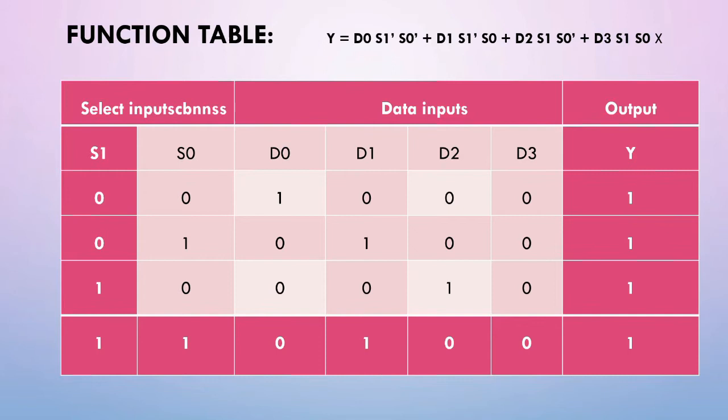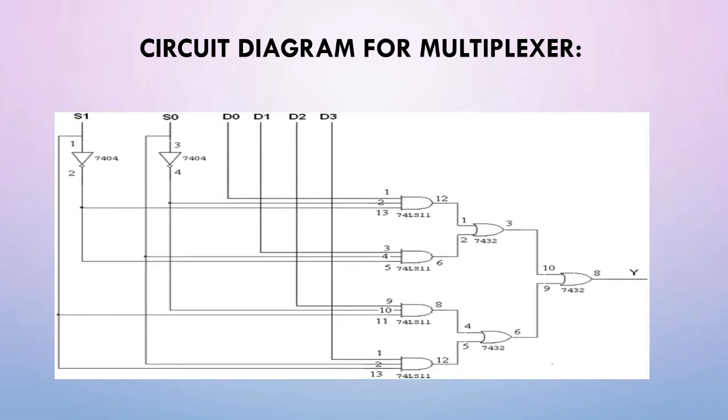Function table. The selection lines are S1 and S0, the input lines are D0, D1, D2, D3, and Y is the single output. So we can see that it's a normal XOR operation done here. Then the circuit diagram for the multiplexer will look like this, and the selection lines are selected, 2 from NOT gates, and there are 3 input lines.